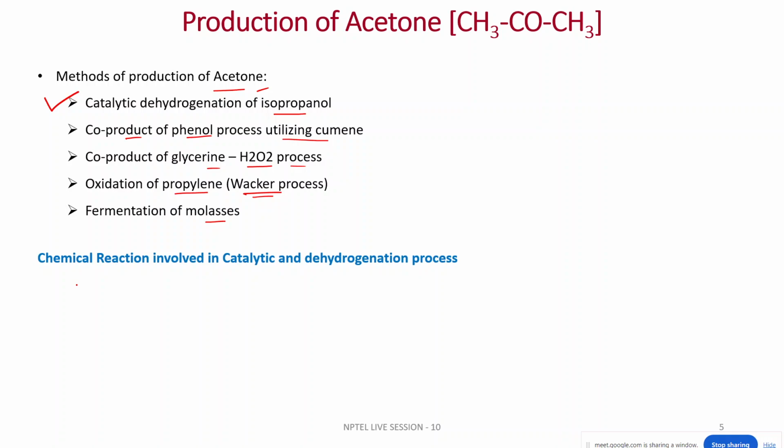So that isopropanol can be used as a raw material to produce acetone from it. The first reaction is isopropanol giving acetone. So here the dehydrogenation process is occurring.